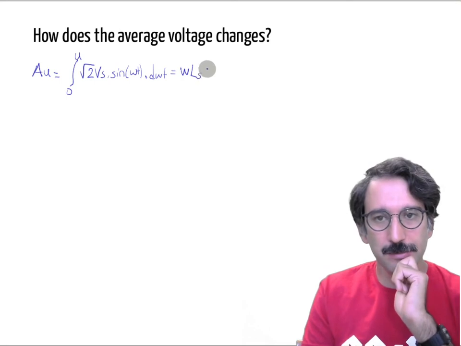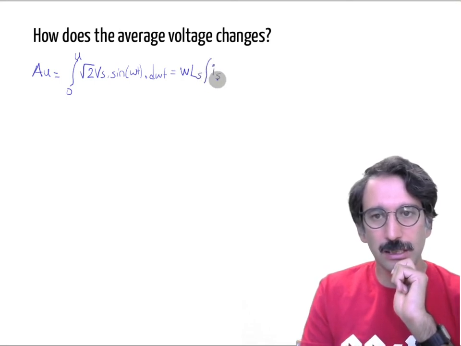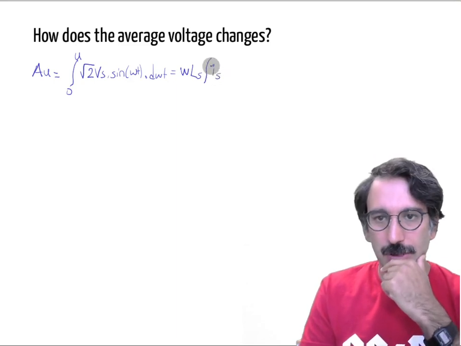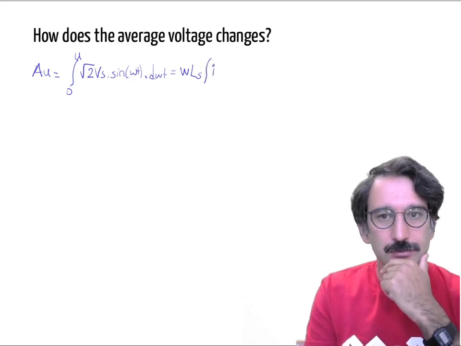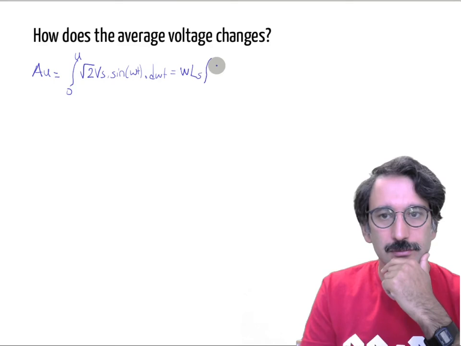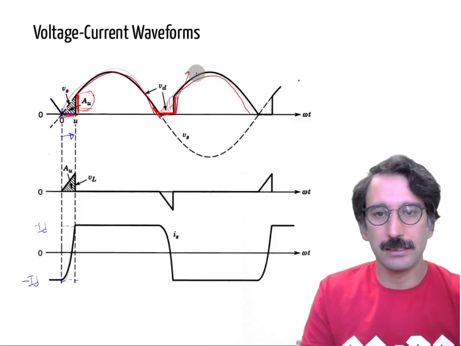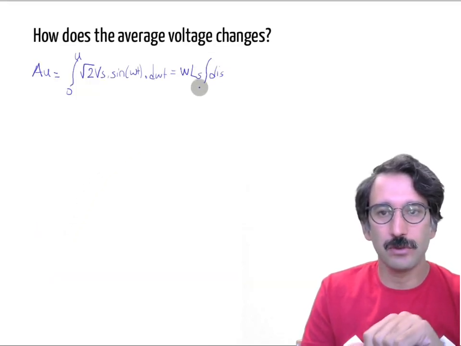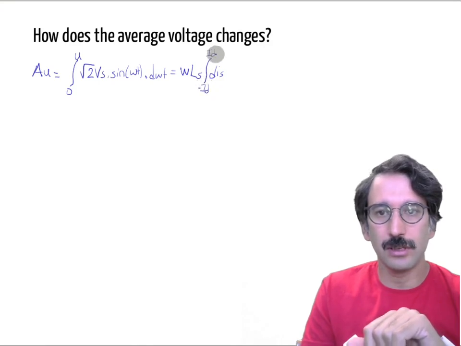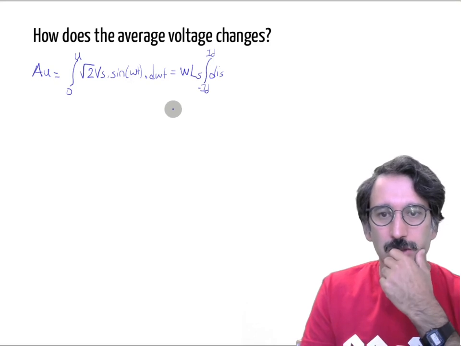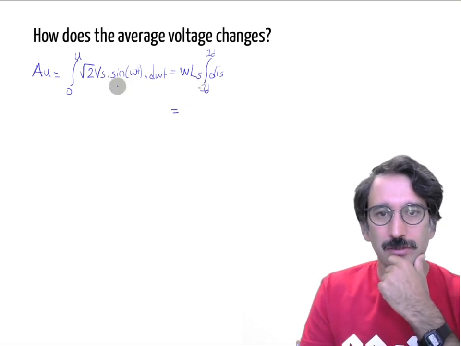Omega Ls, and in the previous one it was is and dis, and I was writing from 0 to IS, but in this case I'm going from minus ID to ID. So the only difference is here.